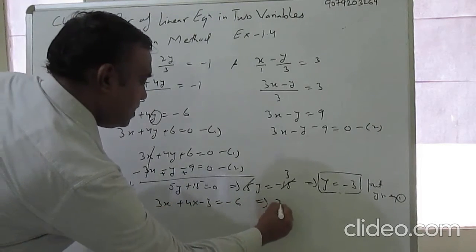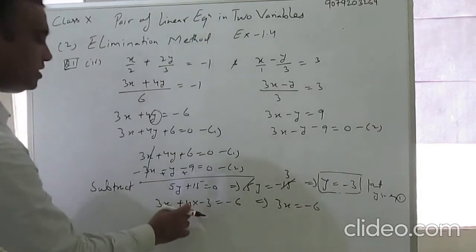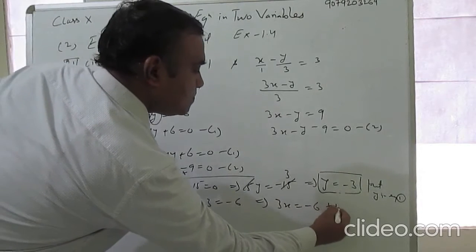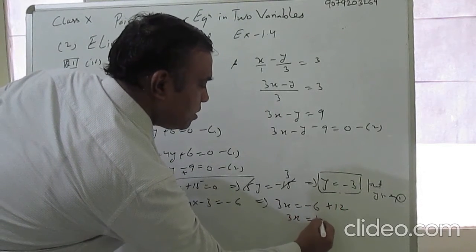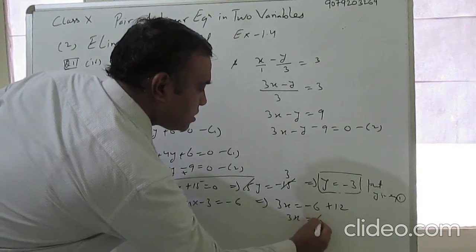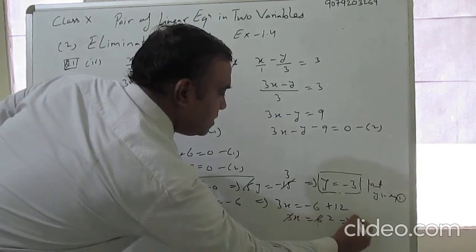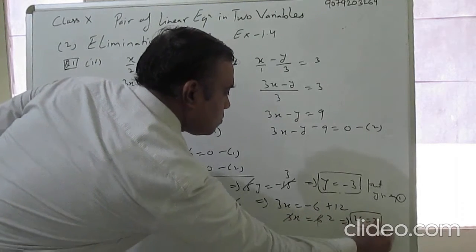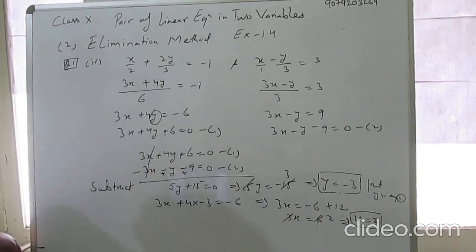This means 3x is equal to minus 6 plus 12. 3x is equal to 6. 3 cancels. It means x is equal to 2. So this is the solution by the elimination method.